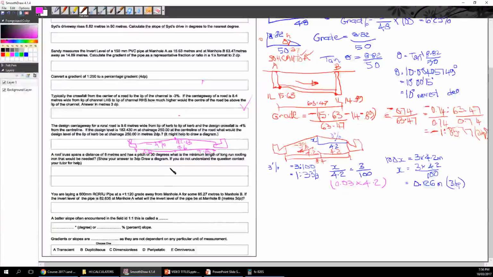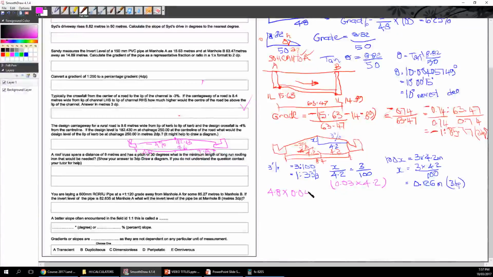Okay, so we're going to go across at -4% for 4.8 meters. So very quickly, I would just go 4.8 times 0.04.